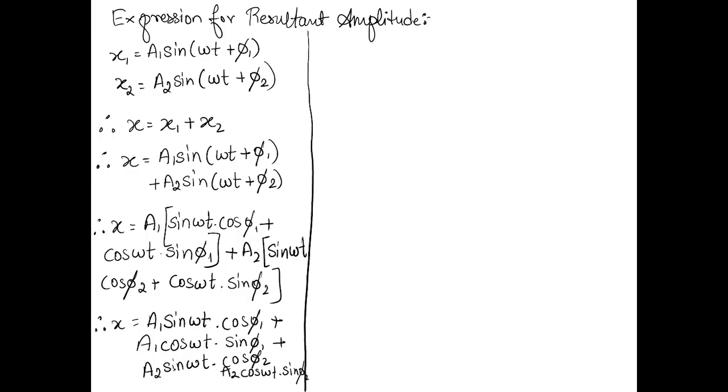So here you can take sine omega t outside. If you take sine omega t outside from the first and third terms, what you will get? x is equal to a1 cos phi 1, the first term, plus the third term a2 cos phi 2, plus added with.